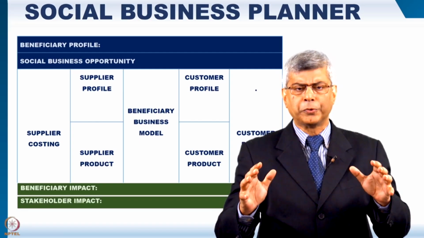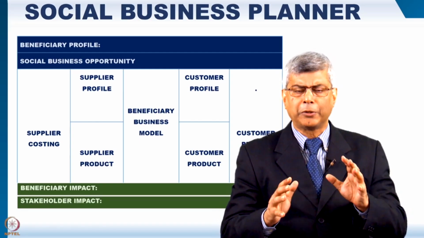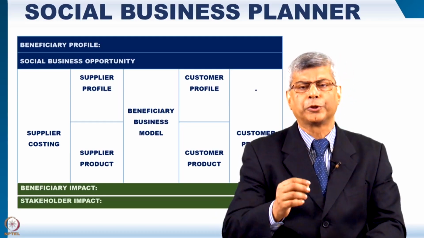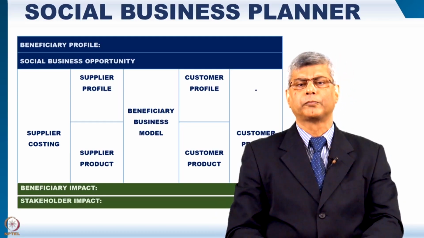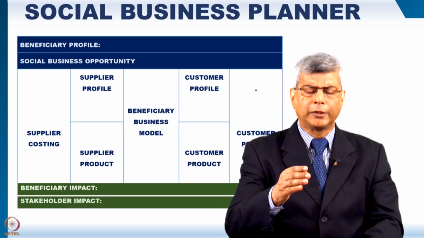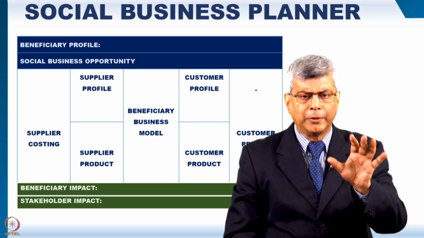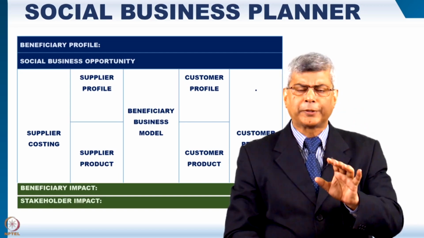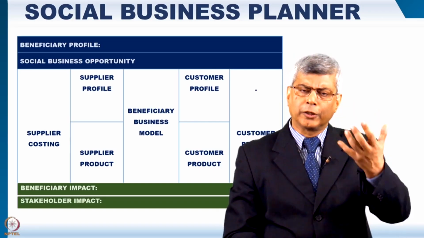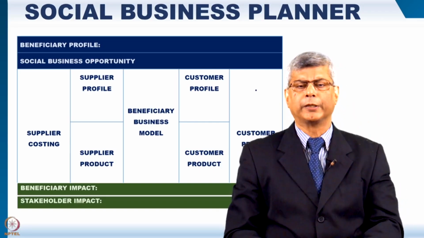So I'm going to talk you through now a social business planner which will help you develop a social business. And what are the key elements of it? You can see it on the screen and you look at the key elements, which starts with the beneficiary profile. And we'll talk more about that. It then talks about the social business opportunity.